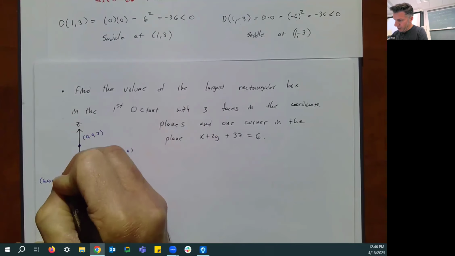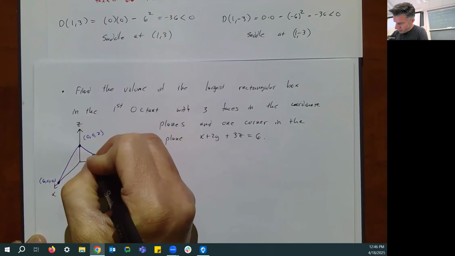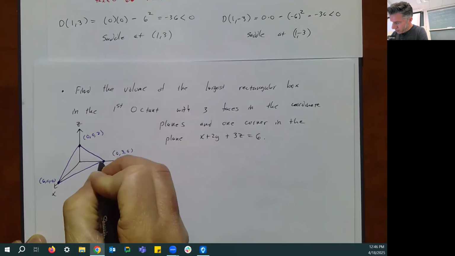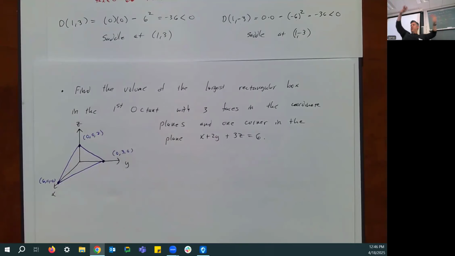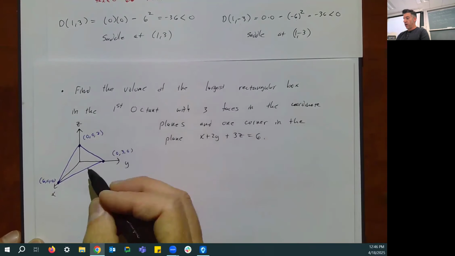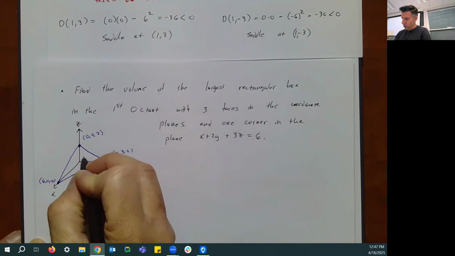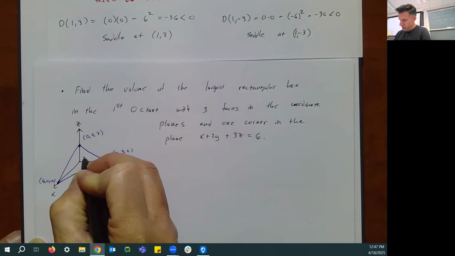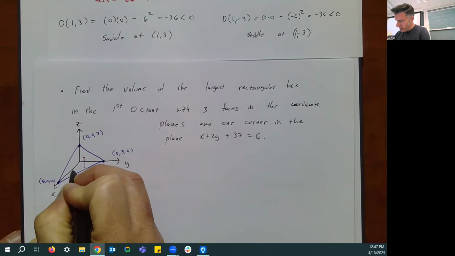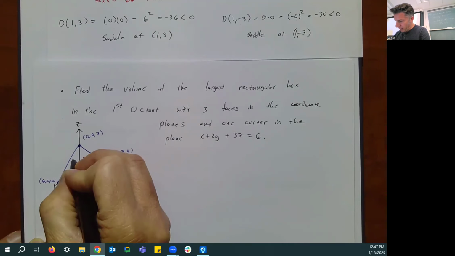So here is part of my plane. You can imagine it extending in directions. And then what we're saying is one of the corners of this rectangular box we're trying to draw is on this plane. So there's a corner here, and then our box looks something like this.